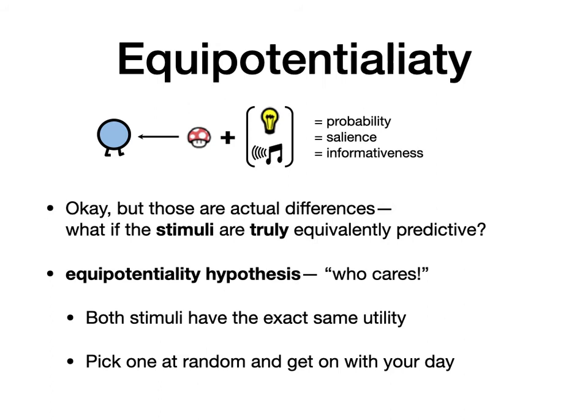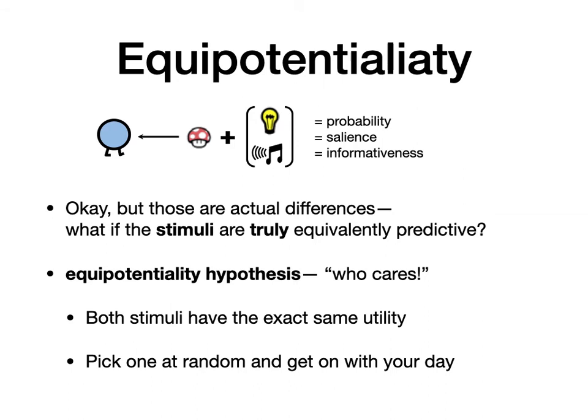Why care? You know, if we've constructed this very structured environment where there's things that are perfectly equally distributed and they both perfectly equally signify the presence of food for the dog, the dog doesn't care. It'll pick one, right?